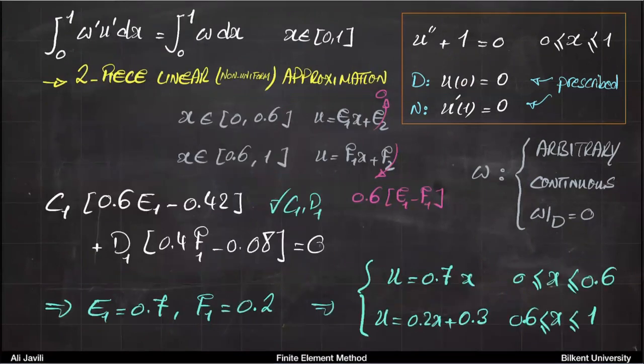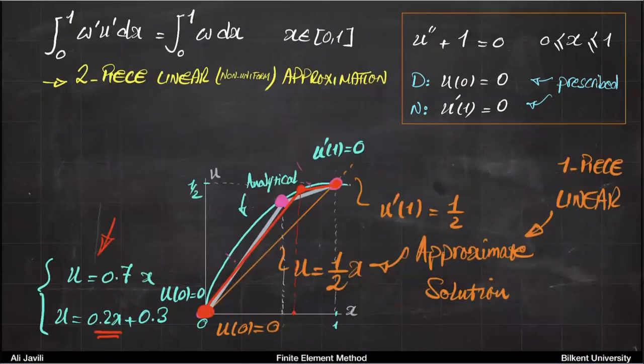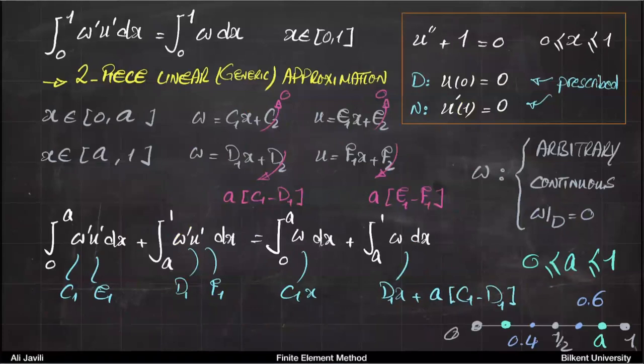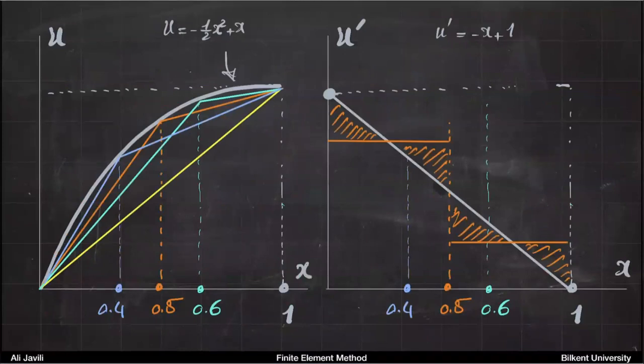You do a two-piece non-uniform approximation, so it also looks good at nodes, at least you hit the solution. And then you can also do a generic one, for just any A. We see that the idea holds, that you hit the solution at nodes, but also it seems that in each piece, the area between the derivatives of your approximate solution and the analytical solution is vanishing.